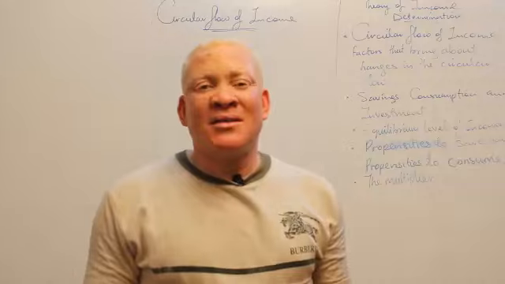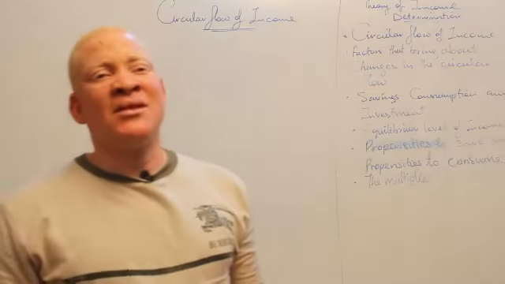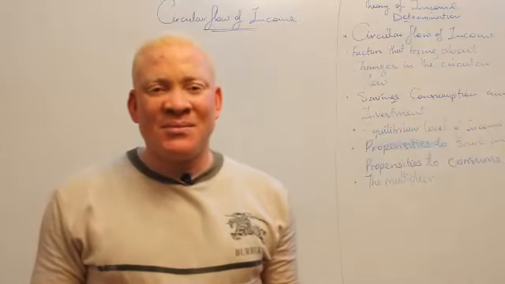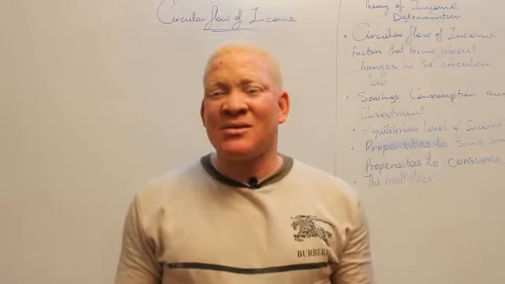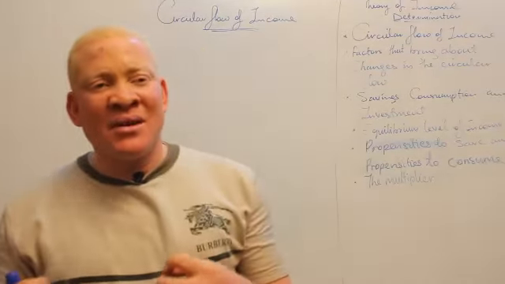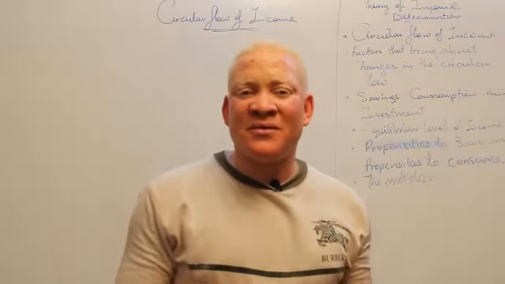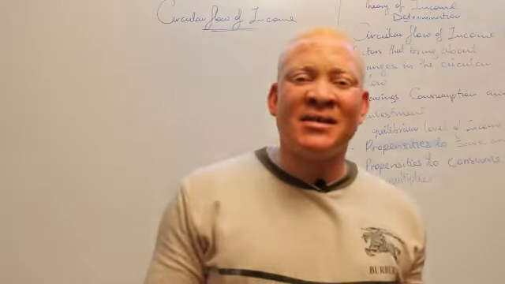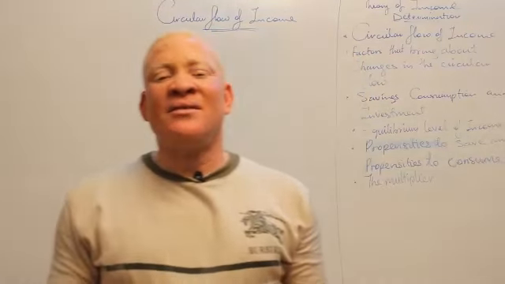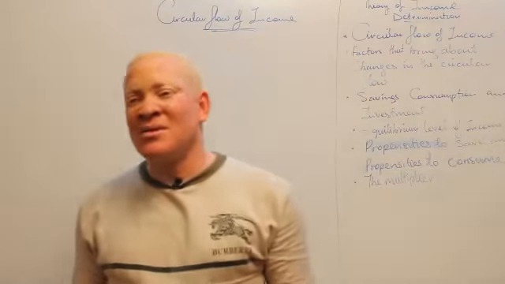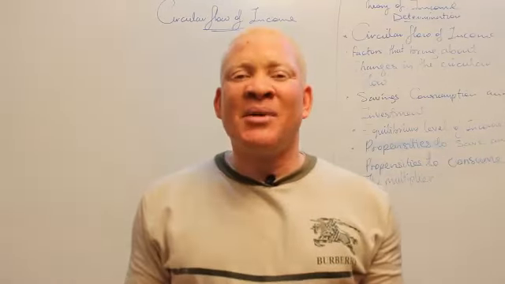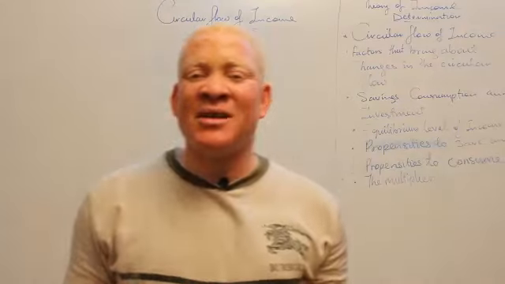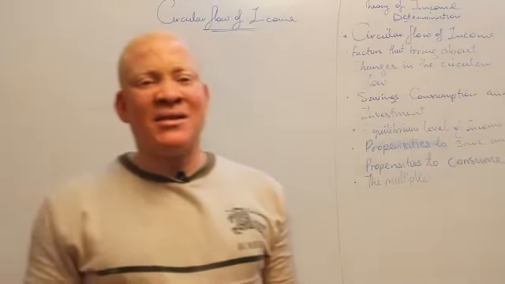The circular flow of income describes how households render factors of production to firms, and how the inputs that are sent to firms are transformed into outputs. Also, how the payment for factors of production as well as payment for goods and services are undertaken.